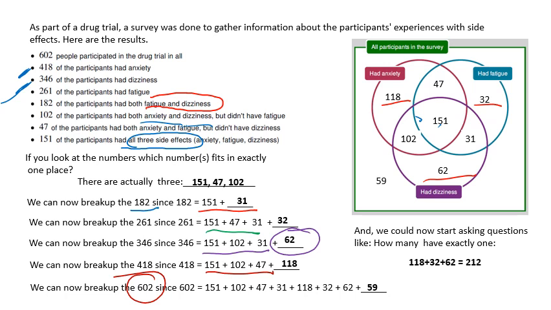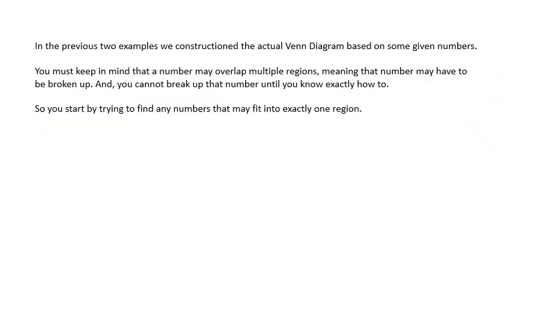So just be careful. I would play this video over again. You have to watch how you work with a number. Just to remind you, in the previous two examples, we constructed an actual Venn diagram based upon some given numbers.